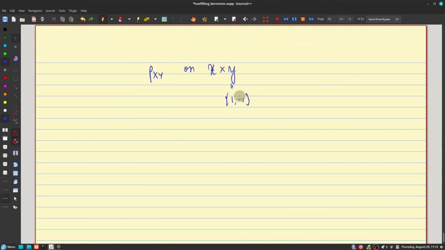Now in this case, since we don't know P_XY, we need something. So we'll turn to what is called the supervised learning framework. We are given a bunch of labeled images, and the goal is to design a predictor, a classification algorithm that does a reasonable job. So we're given (x1, y1) up to (xn, yn).